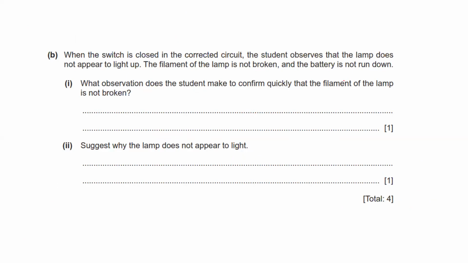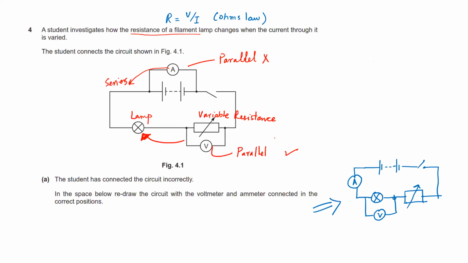So the only reason is that if in this circuit your variable resistance is at maximum value, it is limiting the current flow through this device. If you vary this resistance to a lower value, you'll automatically see the lamp lighting up.